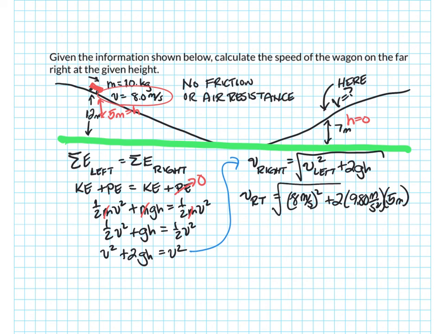Of course, all that is under the square root. When I find that, the velocity on the right comes out to be 13 meters per second. It says velocity, but remember, we're talking about energy, so actually it's the speed because it doesn't have direction.